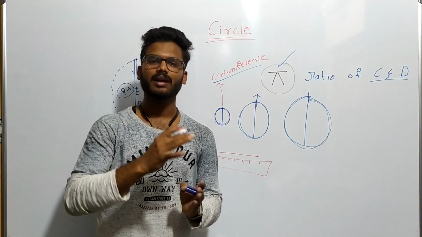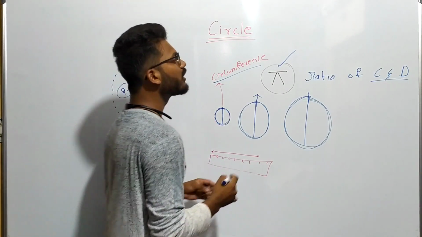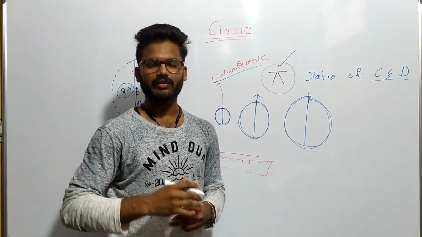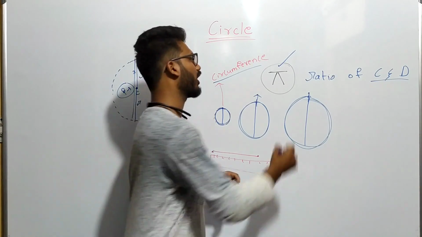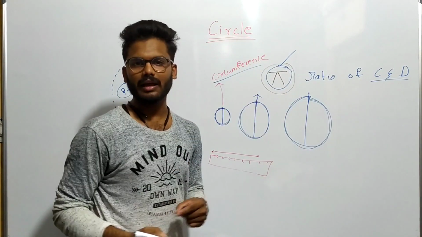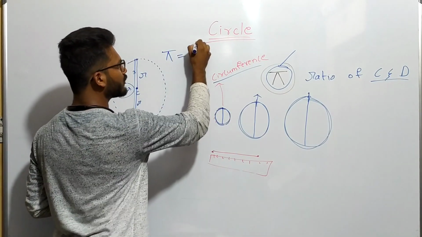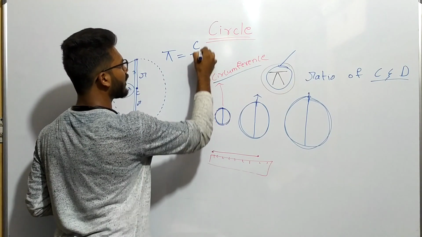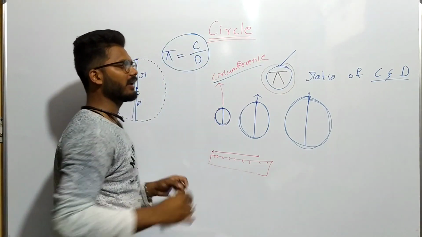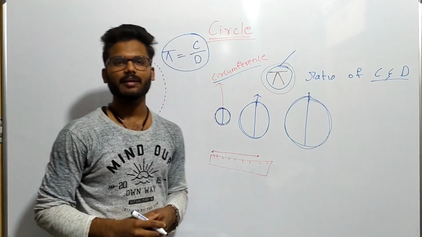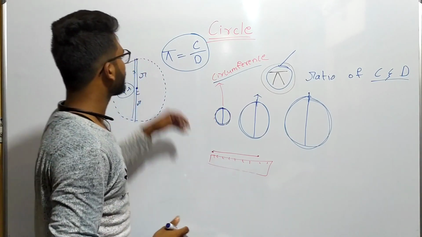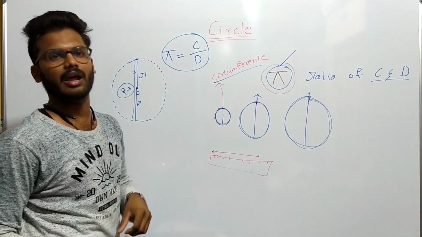Not same but near. Okay, so they have given that ratio a name called pi. Okay, so pi is nothing but the ratio of circumference to the diameter of any circle. Okay, understood or not? Nothing but pi is the ratio of circumference to the diameter.